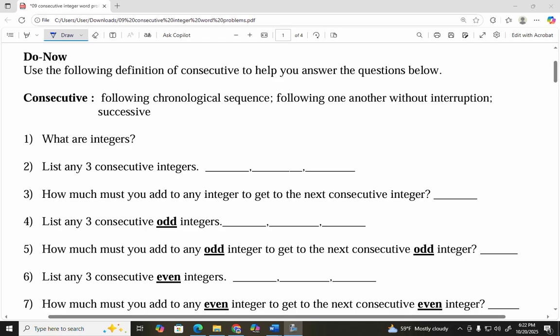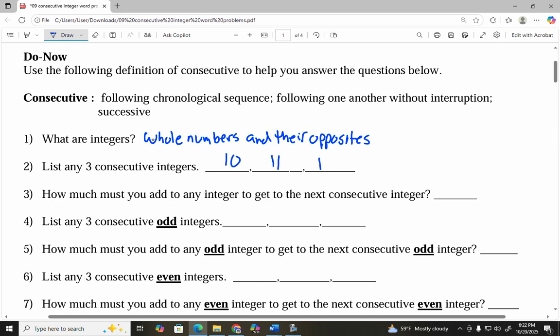Remember, integers are the whole numbers and their opposites. So if we were to list any 3 consecutive integers, I could pick 10, 11, 12.